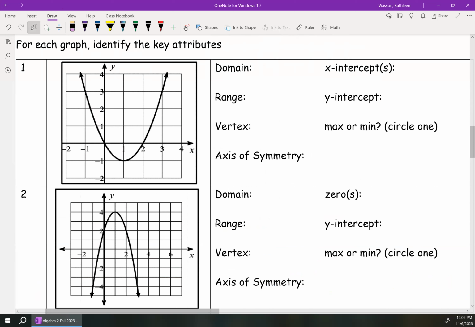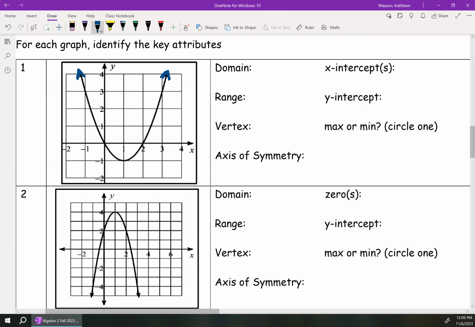This is your practice sheet. There are several graphs that are already drawn, and then you describe the graph that is over here. If I describe the domain of this parabola that's graphed already, I would say x could be any number. That's because there's arrows on the left and on the right, and so there's no boundary.